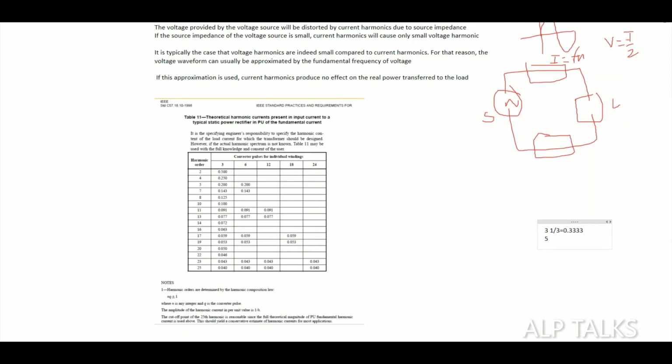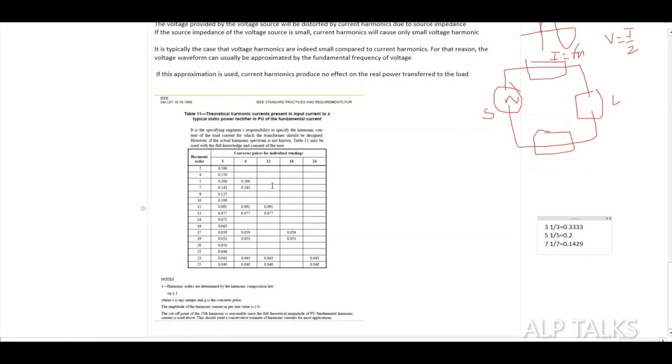Similarly, if it is the fifth harmonic, the magnitude can be 20%. For the seventh harmonic, the magnitude can be 14%, like this it says. These things I will show you in simulated mode also, how we are getting these things.